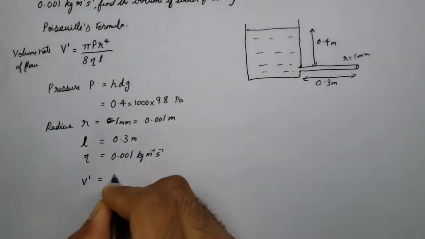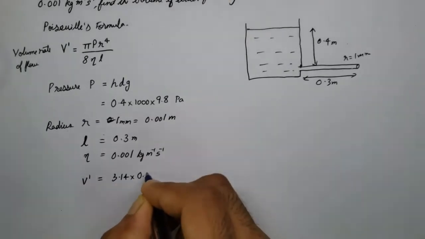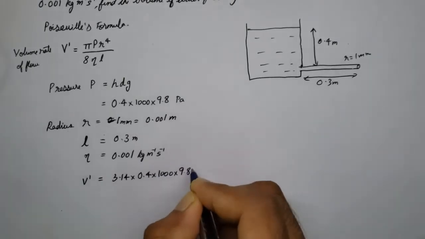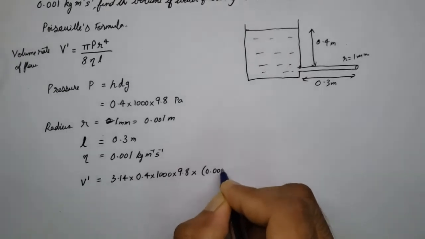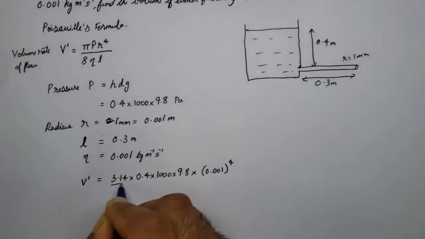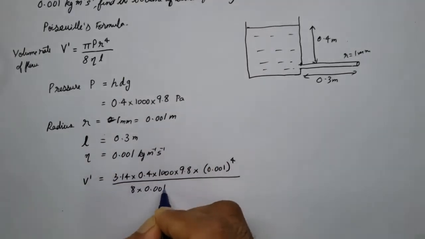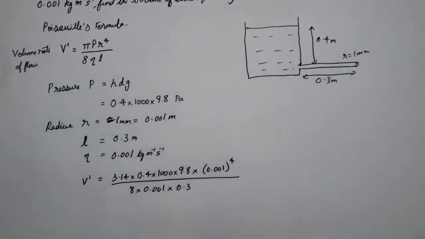V dash is equal to 3.14 into 0.4 into 1000 into 9.8 into 0.001 raised to 4, whole divided by 8 into 0.001 times the length of the tube, that is 0.3.